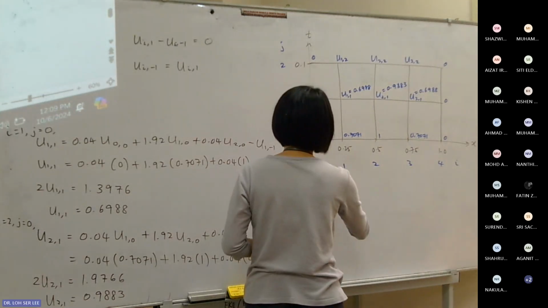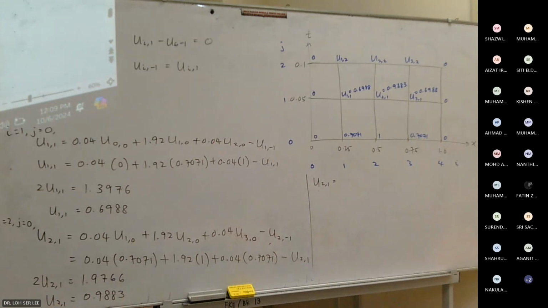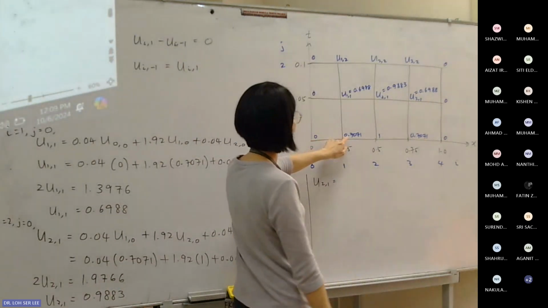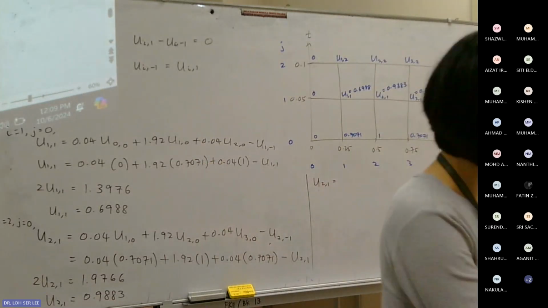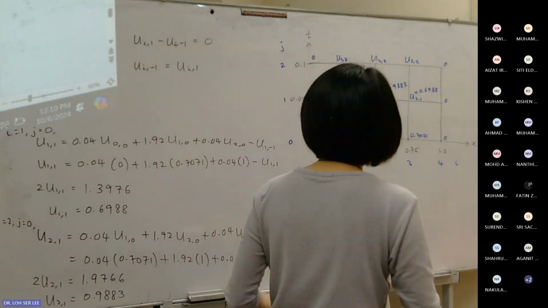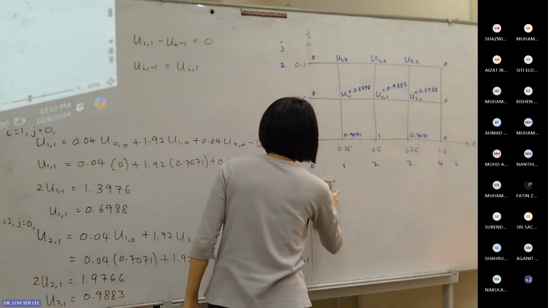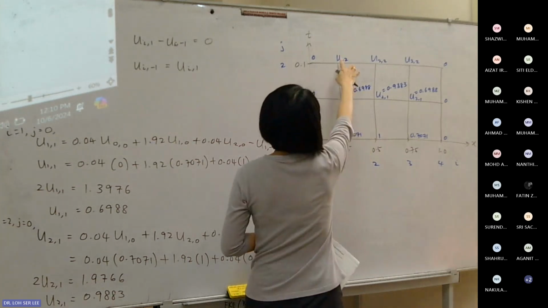Then find for U21. Because you have got the 4th point in the grid, you do not need to use the second formula to get the value.